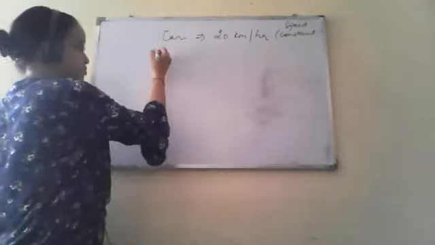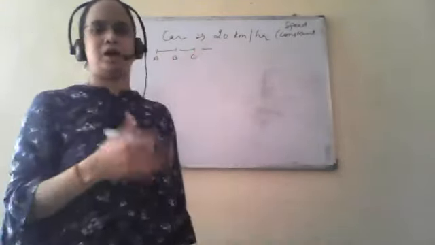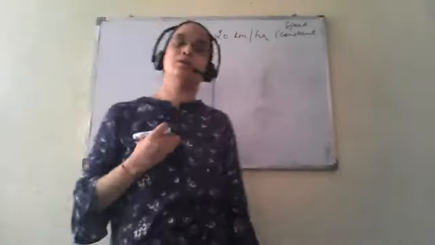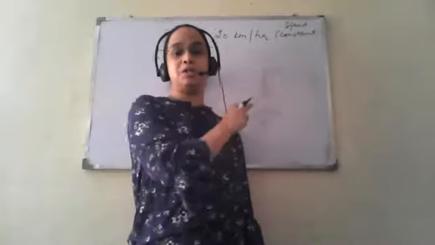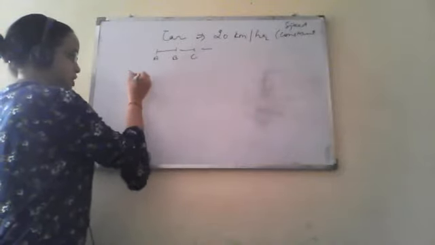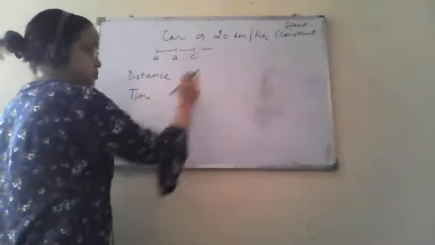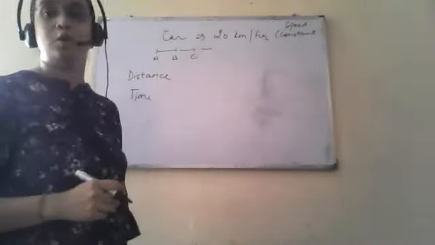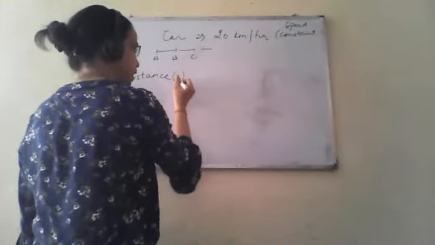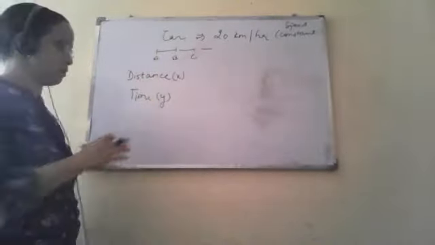Suppose first we are going from A to B, then B to C. We are changing the distance. Now we will see what the ratio between distance and time is by keeping the speed constant. We are taking distance and time. We can assume distance as x and time as y.